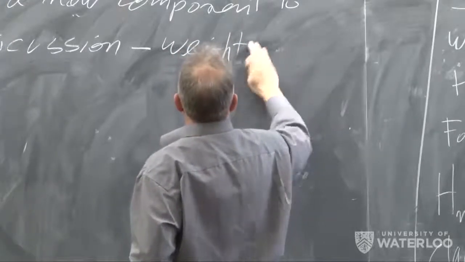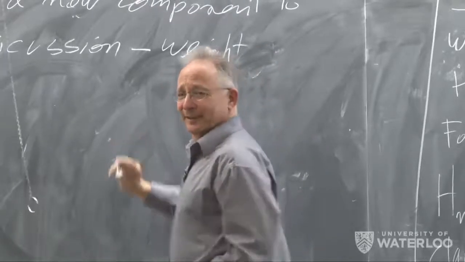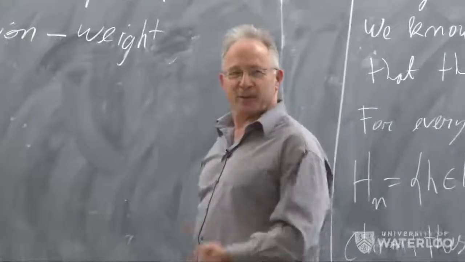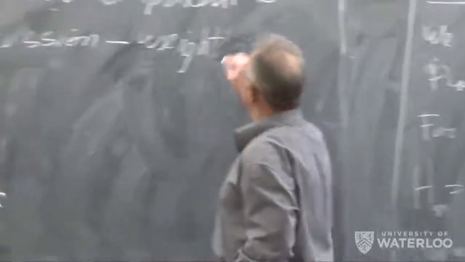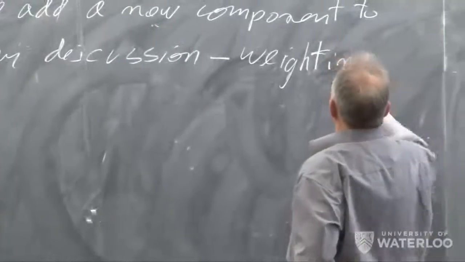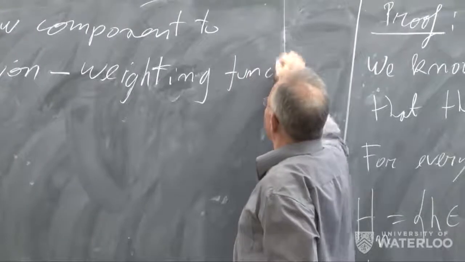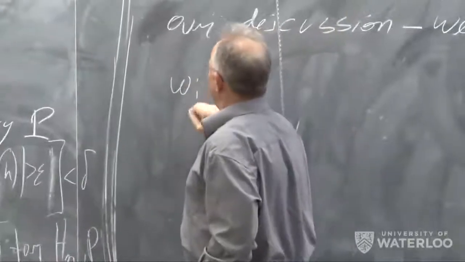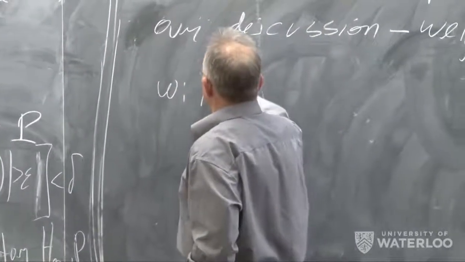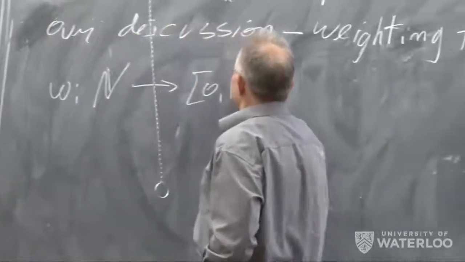Weighing or weighting? With a T or without a T? A function that assigns weights. Weighting function? OK. If you approve, a weighting function. So what is a weighting function? It's a function W that goes from the natural numbers to [0, 1].